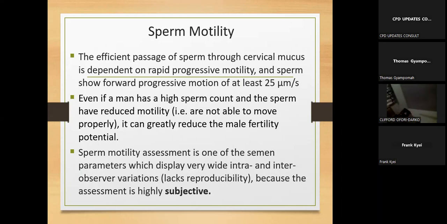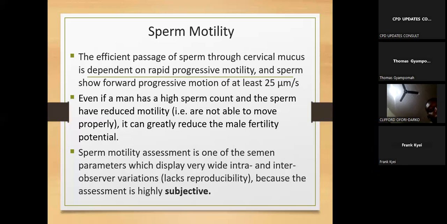So even if a man has a high sperm count and the sperm have reduced motility, it can greatly reduce male fertility potential. That point should be well noted. The challenge here with motility, and as we move along, with morphology, is that they are very subjective.